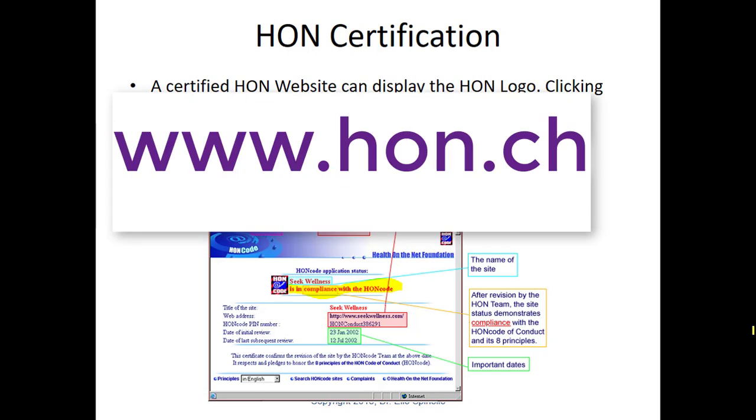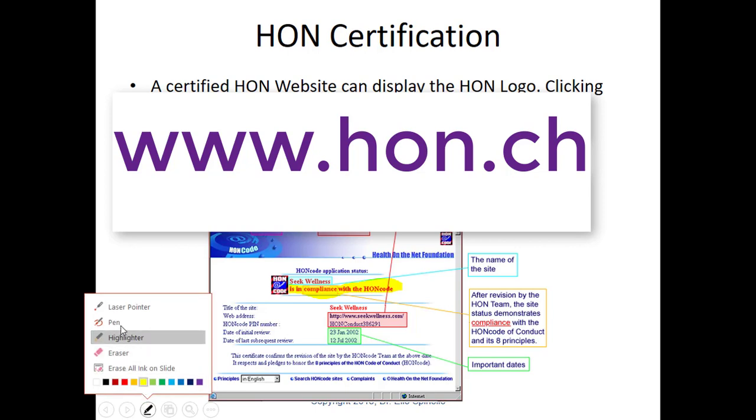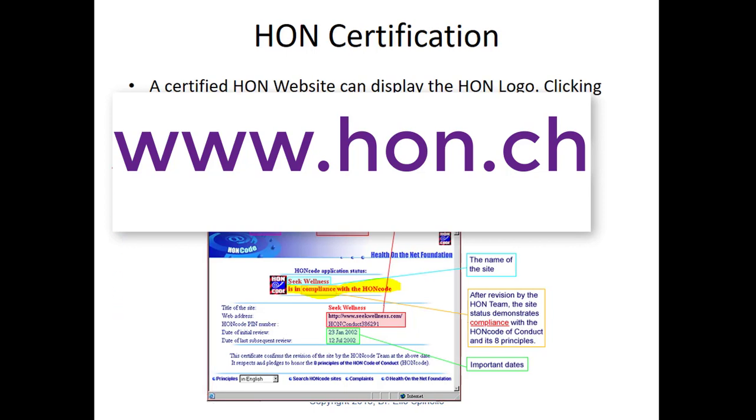Now, by the way, you can also go to www.hon.ch, and what this will do is allow you to actually search. You can go to their website, but they actually have a search engine there. You can search websites that are HON compliant and have that little logo on them. So HON is really kind of a nice resource to have available.